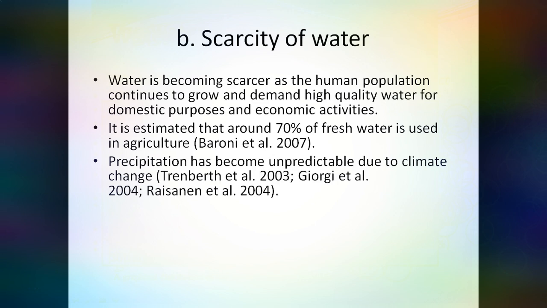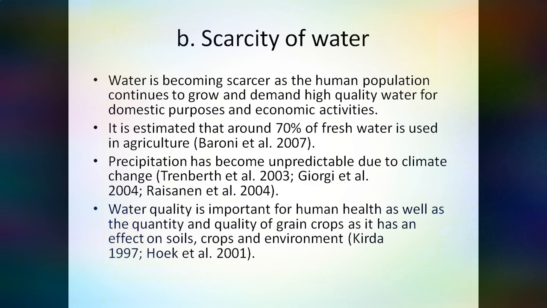Precipitation has become unpredictable due to climate change. तो हम देख सकते हैं कि ये जो फ्रेश वाटर है, इसका 70% एग्रीकल्चर में यूज हो जाता है. एग्रीकल्चर एक ऐसी एक्टिविटी है which is water strenuous, water exhaustive, यानी जिसमें बहुत ज्यादा पानी इस्तेमाल होता है. Precipitation also supports agriculture in a number of arid regions, लेकिन precipitation भी वक्त के साथ becoming unpredictable due to the current climate change.